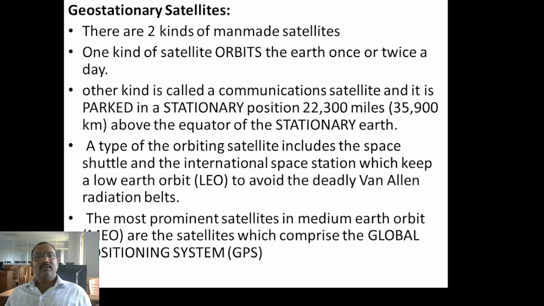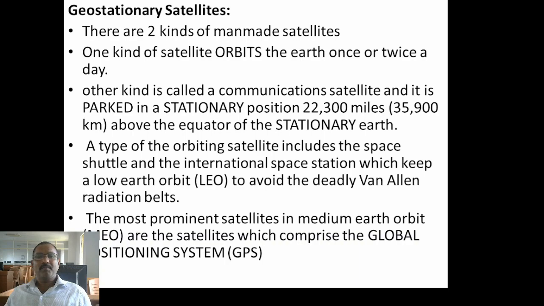So the communication satellites are parked in the geostationary position above the equator.